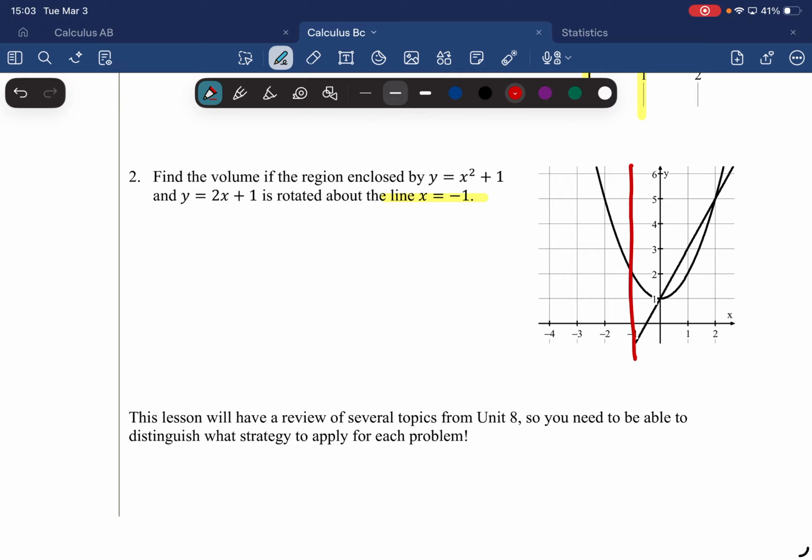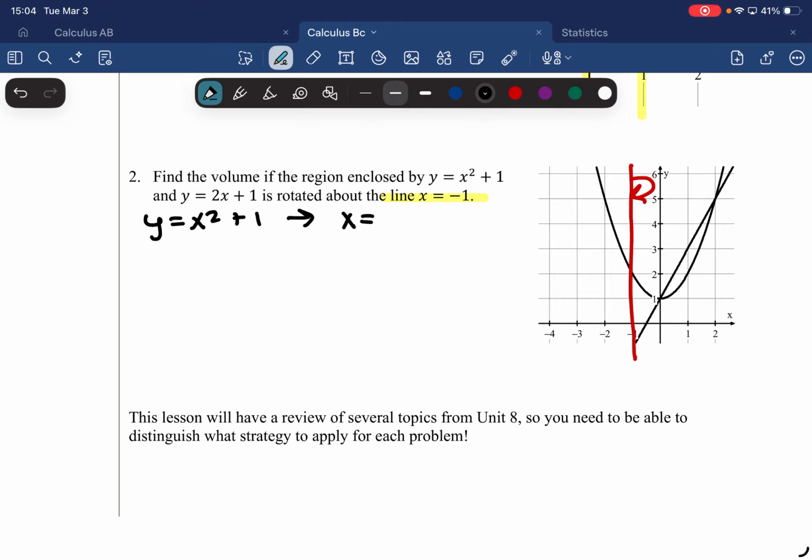Notice that this is now a vertical line versus a horizontal line, which means I need to make sure my equations are in terms of y, so I need to get x by itself, because it's going to be rotating around that line. So I take my equations, y is equal to x squared plus 1.